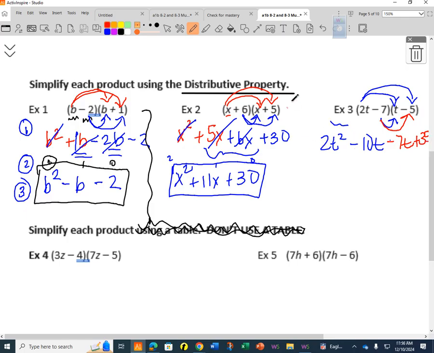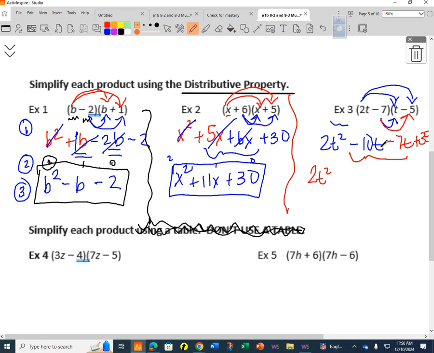So nothing to combine the 2t squared with here. There's no other variable to the exponent of 2. Now these both are t to the first power, so those can be combined: negative 10t minus 7t. Remember, we combine those by adding or subtracting the coefficients. This is the subtraction, so we subtract negative 10 minus 7.